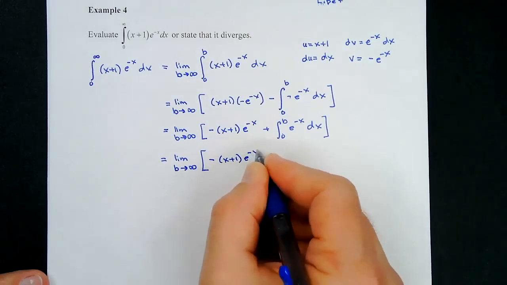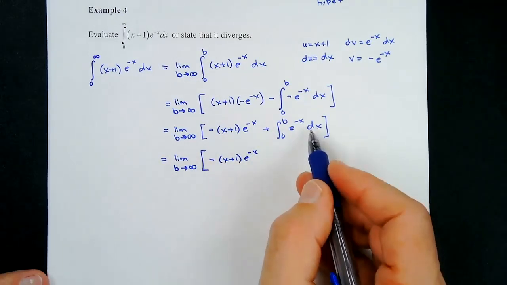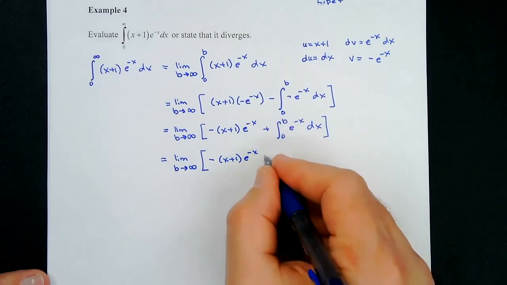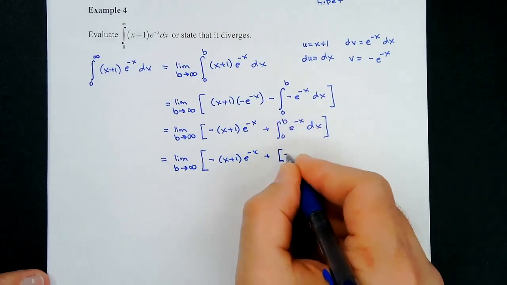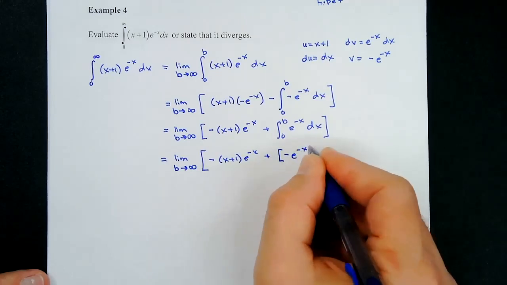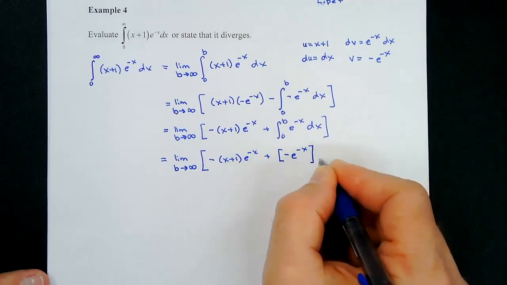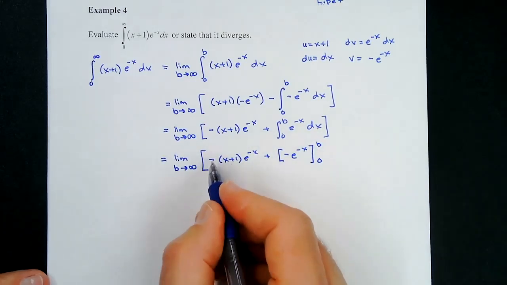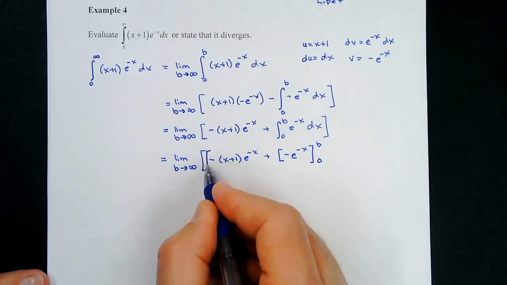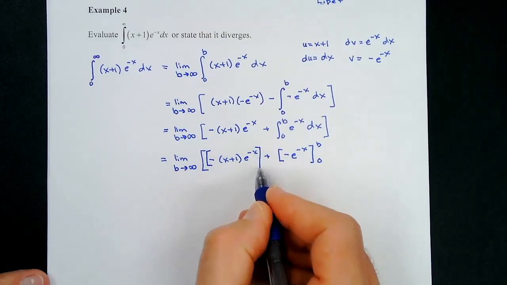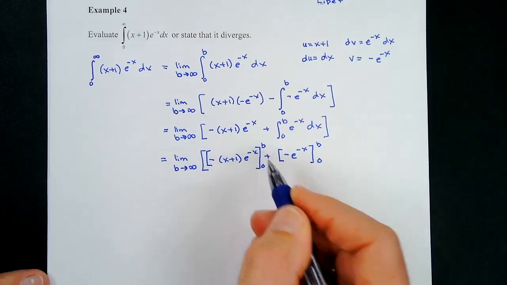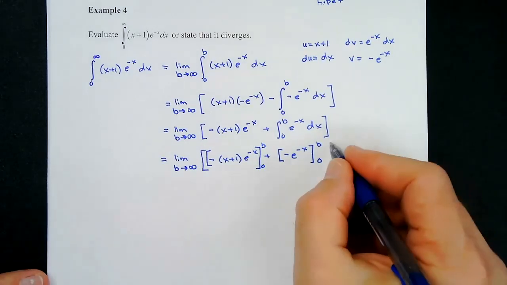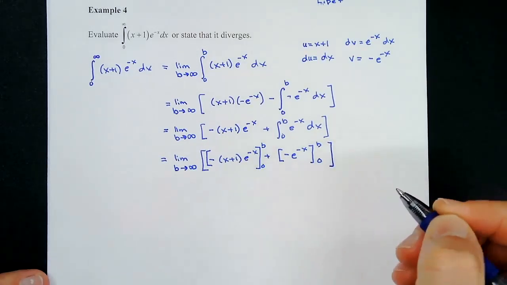We're going to integrate this one, so that would be plus negative e to the negative x. And we're going to evaluate this from 0 to b. But we also have to evaluate this one from 0 to b. So I'm going to put another bracket around this, because we have to evaluate both of them, if you remember this. And then I'm going to close my outer bracket here.